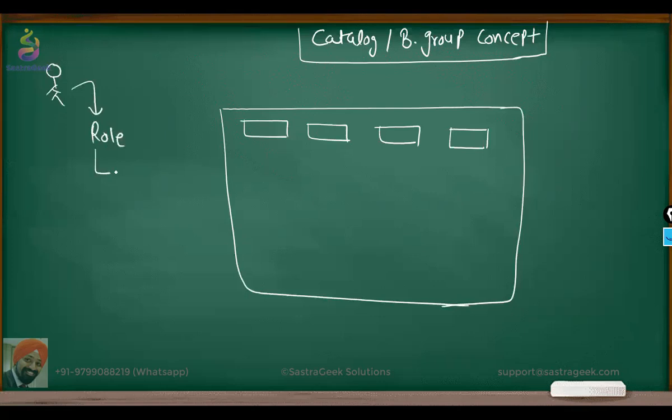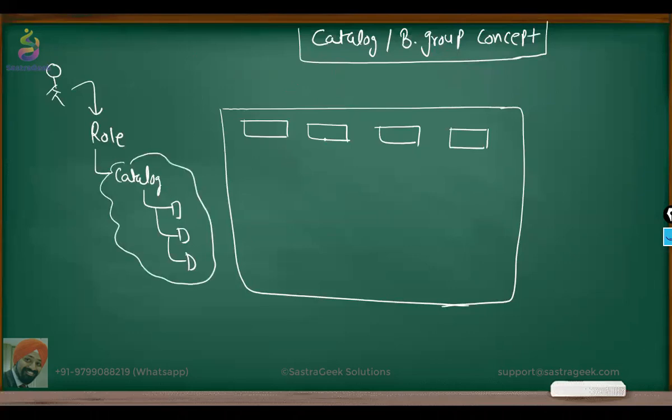Under this role, we would have a catalog, and under this catalog he would have access to the applications, the applications to which he has access. This is also a grouping of applications, and under this also I have a grouping of applications.